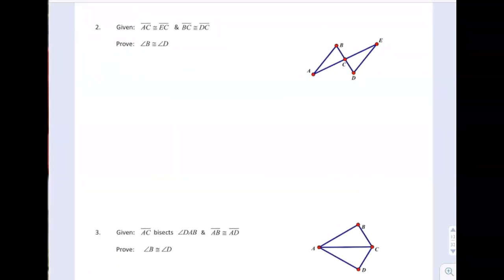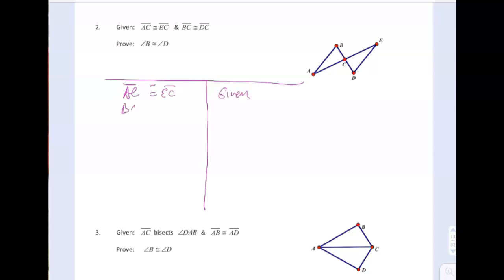So try number 2 here. Get the givens down. AC, EC, given, BC, DC, given. I'm going to mark my picture. AC, EC, BC, DC.